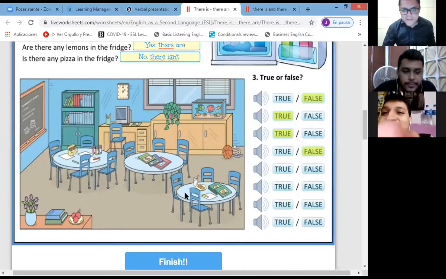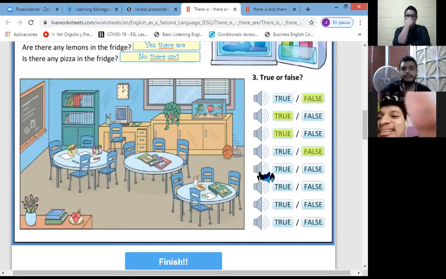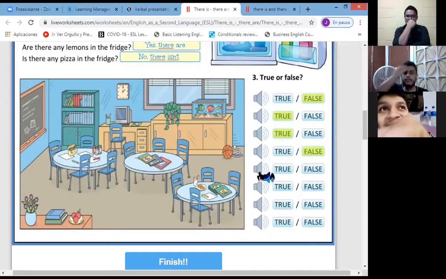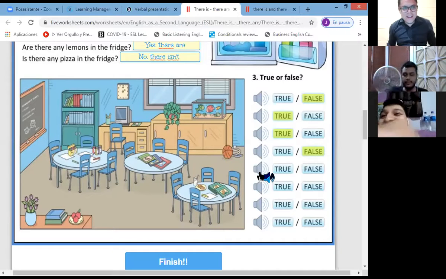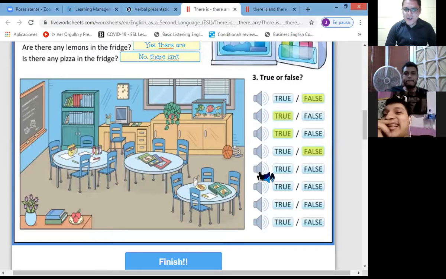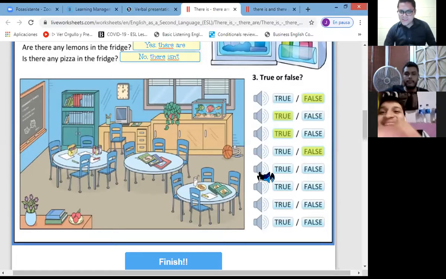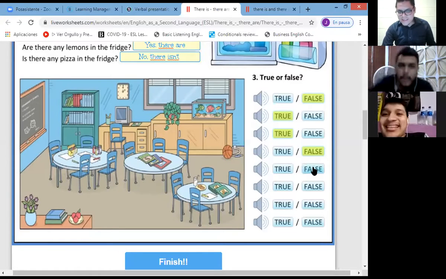Are you sure? Listen. There are 5 children in the classroom. Why? False. Teacher, es que no lo escuchaba bien. There aren't children. Okay. This is false.